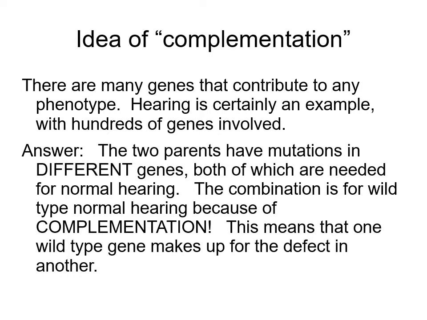The parents, the original grandparents, they have mutations in different genes, both of which are needed for normal hearing. And the combination in the last generation is because whatever was wrong in the family on the left and what's wrong in the family on the right were two different things. So the combination is put together to give normal hearing because one wild type made up for the defect in the other mutation.